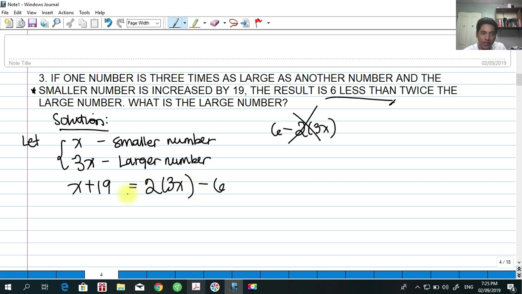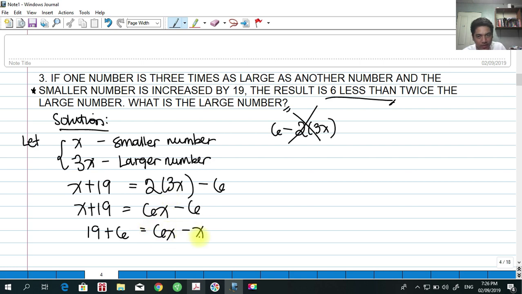So in this case, we can now solve for the large number. We are after this because that is what our problem is asking. So we have x plus 19 equals 6x minus 6. Combining like terms, we have 19 plus 6, I transpose negative 6, and we have 6x minus x here.